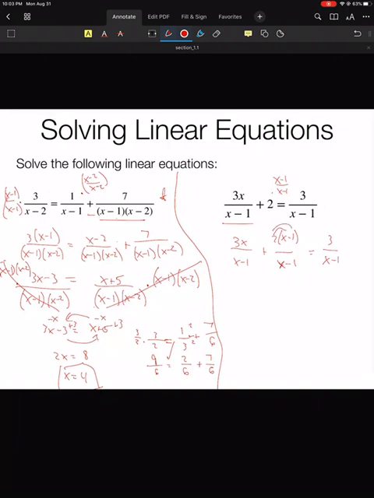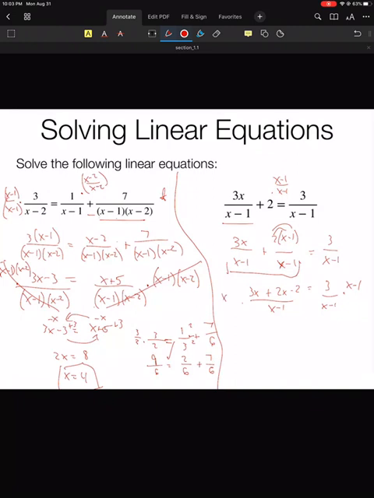If I use the distributive rule to get 2x minus 2 there, I have 3x plus 2x minus 2 over, what I've done on this right side is I combined these two into one term with x minus 1 in the denominator, is equal to 3 over x minus 1 in the denominator.